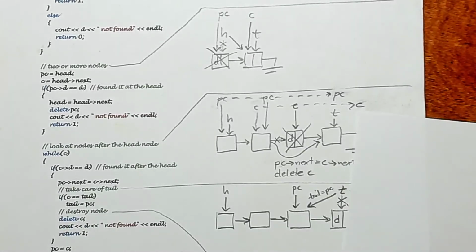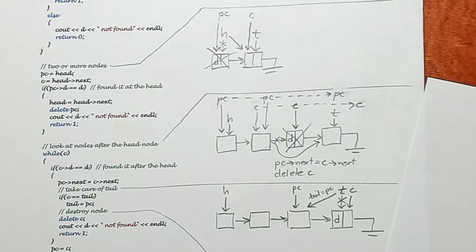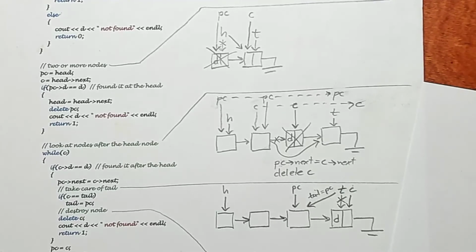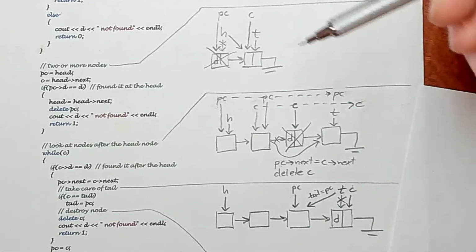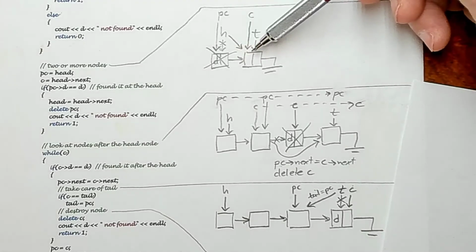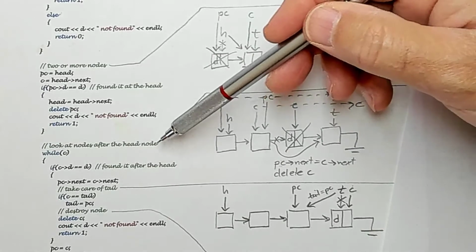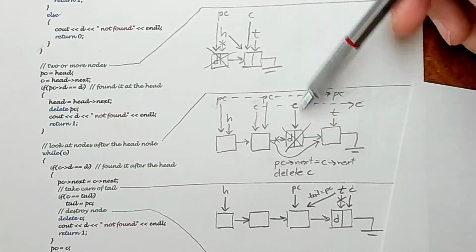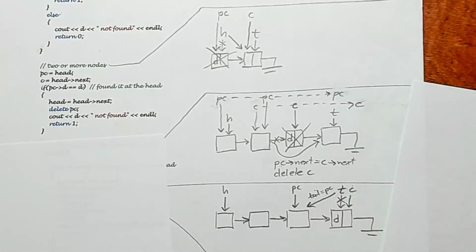No, it's 1 case. Yeah, this is all 2 or more nodes, but there is some stuff to do down in here. So basically what happens is the data that you find could be at the head, in which case I got to scoot the head pointer down, or it could be somewhere after the head, in which case I have to do something different. That's basically what happens.